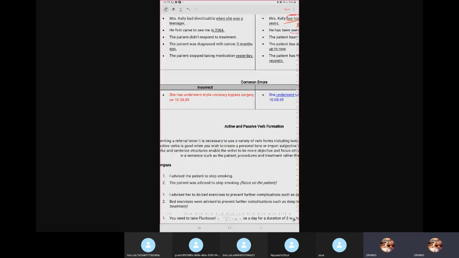But later on, they'll be saying that Mr. John has been coming to my clinic for hypertension. I have been treating him with beta blocker. So what we're saying here is that Mr. John has been coming to my clinic and I have been treating him with the beta blocker.